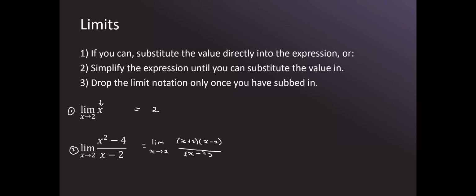So what happens? This can cancel that. Now that we have this, the limit as x approaches 2 of x plus 2, we can substitute the 2 in so that we have 4 as our limit.